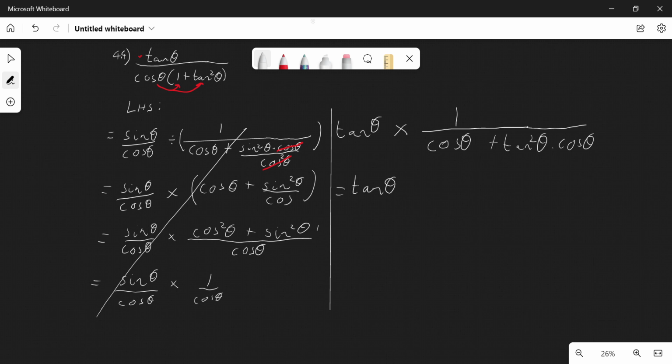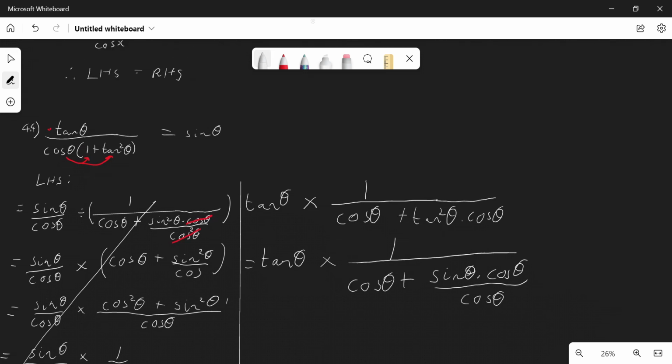Tan theta times, now we have a plus. Plus what? We have 1 divided by cos theta plus sine theta times cos theta over cos theta. I need you to be aware of what I did here.